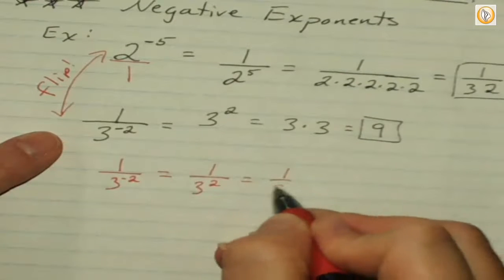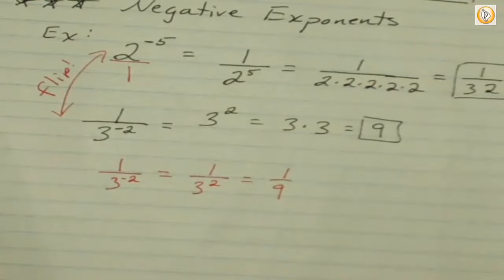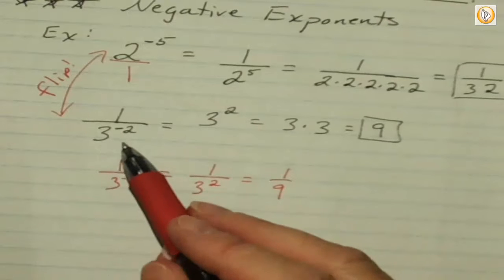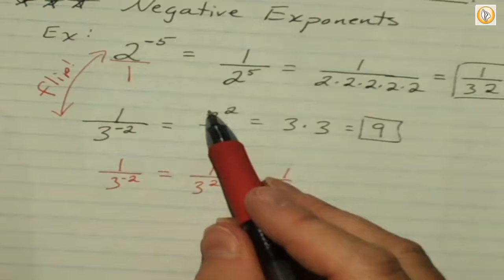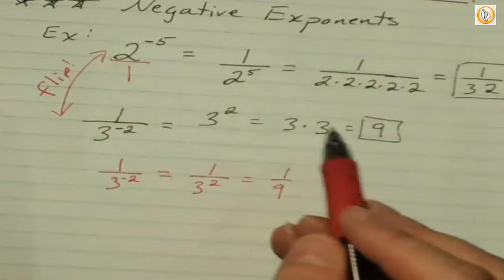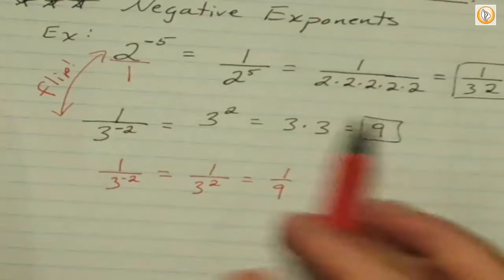That would give me 1 over 9. That's like not worrying about the fraction portion. So if the negative is in the denominator, bring it on top, make it a whole number, and then figure it out.